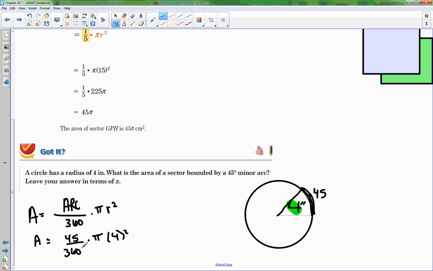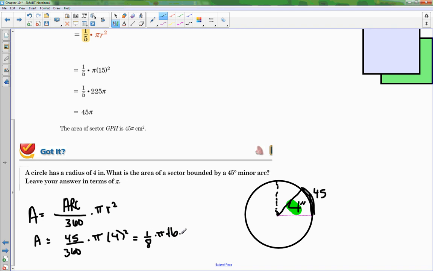We're going to solve this down. I know that 90 degrees is 1/4 of a circle. So 45 degrees has to be 1/8 of the circle. So this is equal to 1/8 pi times 16.